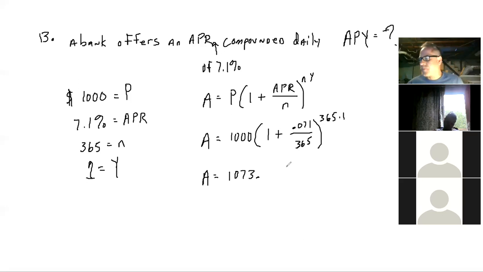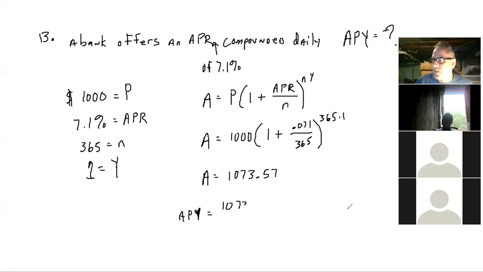Right. Now, that's just how much money I would have in my account after 1 year. So now we want to find our relative increase. So again, that is what we call in this situation our APY. And that's going to be your absolute increase, which would be 73.57, that is 1,073.57 minus what I started with, 1,000, divided by what I started with, which was 1,000.